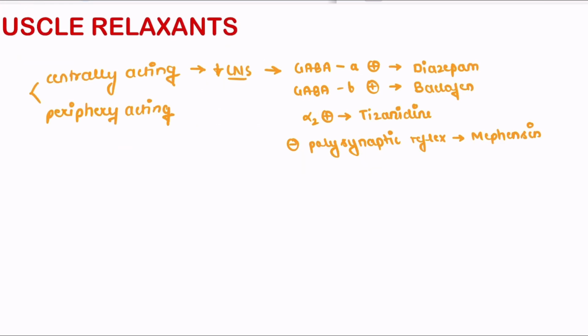The drugs acting peripherally are further divided into two types: depolarizing muscle relaxants and non-depolarizing muscle relaxants.